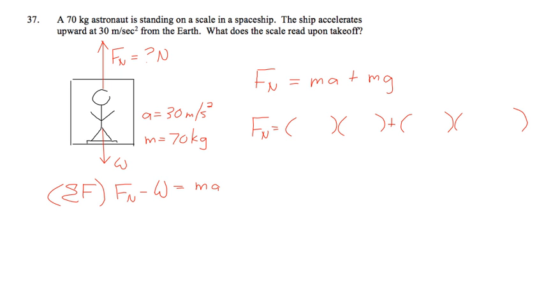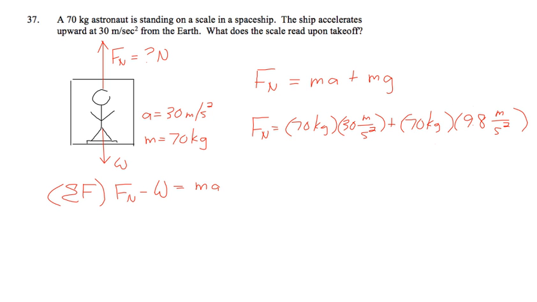So the m is 70 kilograms, which will go there and there. The a is 30 meters per second squared. And the g is 9.8 meters per second squared. So if I look at this, this would just be enough force to support the astronaut if the rocket's on the launch pad.